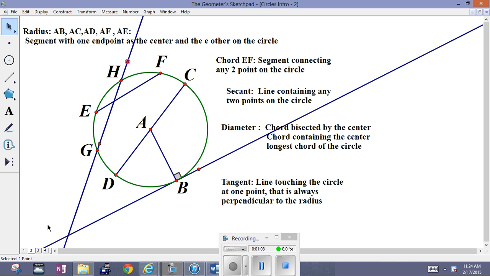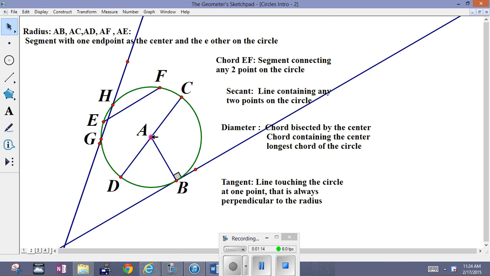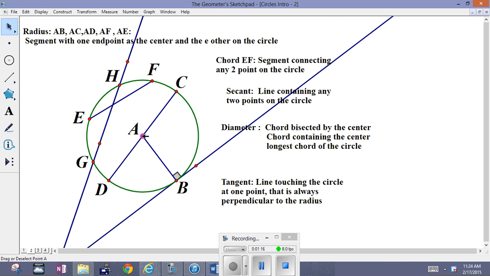So, more terminology. We know what the radius is, as we said: from the center to any point on the circle. We have a bunch of radii here, radii plural: AD, AB, AC, even the ones not shown, AF. A radius is defined as a segment with one point at the center and the other on the circle.